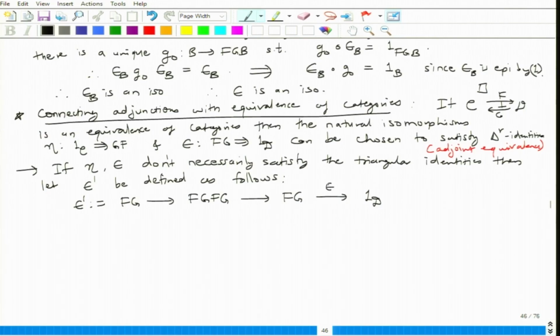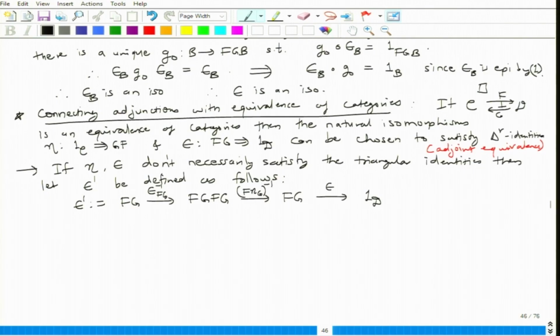The only thing that we know, it's epsilon. FG to FG, it is actually this epsilon sub FG inverse. This is a natural isomorphism. So, I can talk about its inverse, epsilon_FG inverse, and this is F eta G inverse.